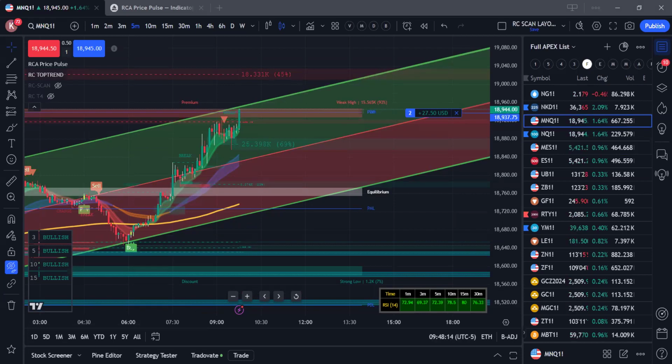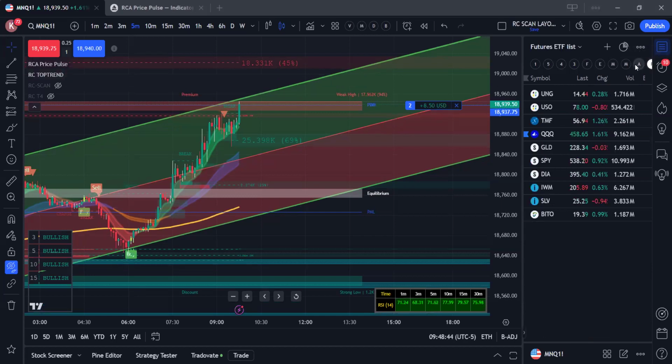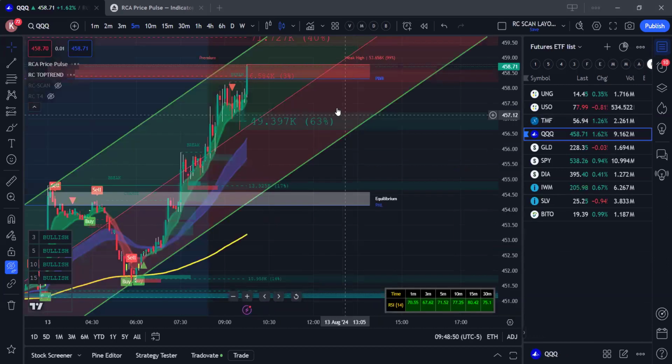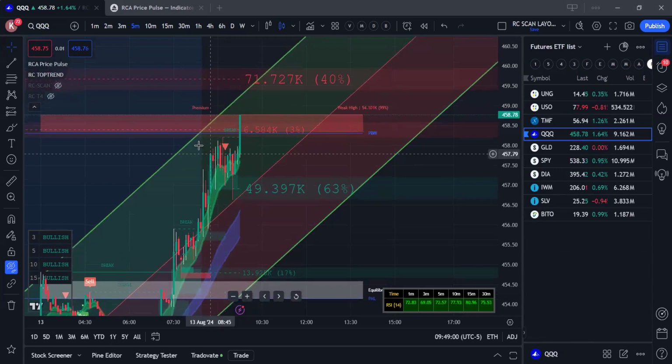SPY and QQQ moving huge. Come on, come on.